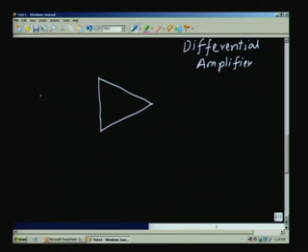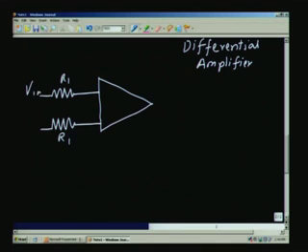So, we have a resistor, another resistor here. So, we will make these two equal to R1, and this is the input negative, this is the input positive. So, I am connecting the positive input to this and negative input to this.